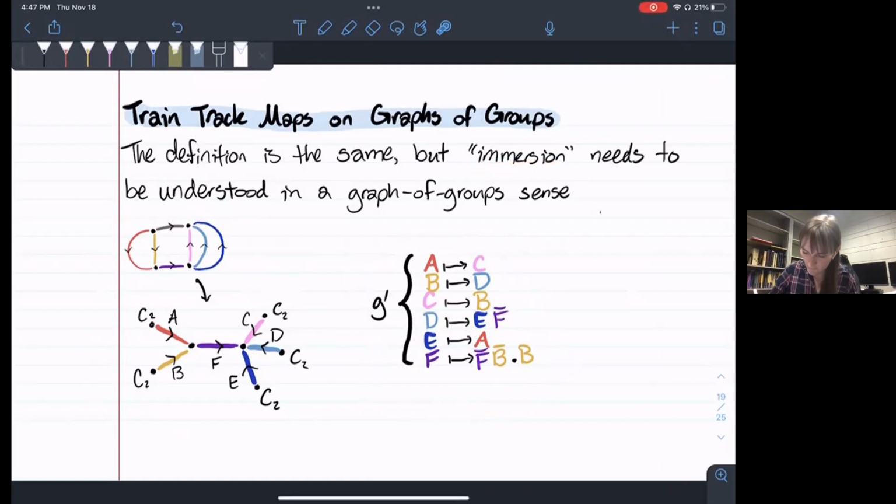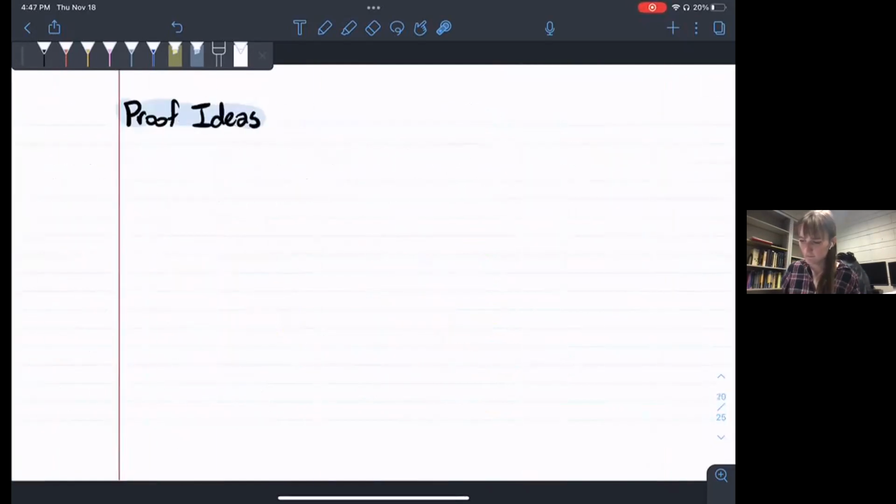So for example, down here, the edge F, its image is F, B bar, pick up the non-trivial element of the cyclic group of order 2, and then come back. So you have to say that, okay, that's somehow an immersion, or it's locally injective because of this vertex group element. Okay, fine.